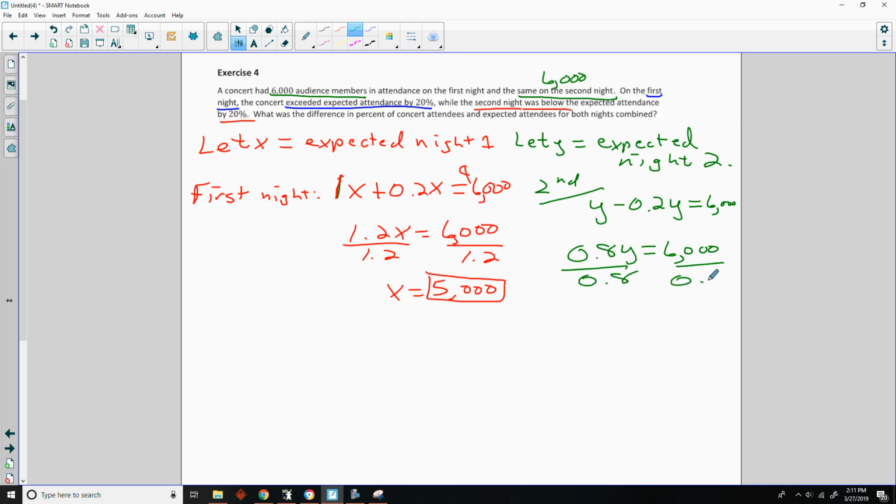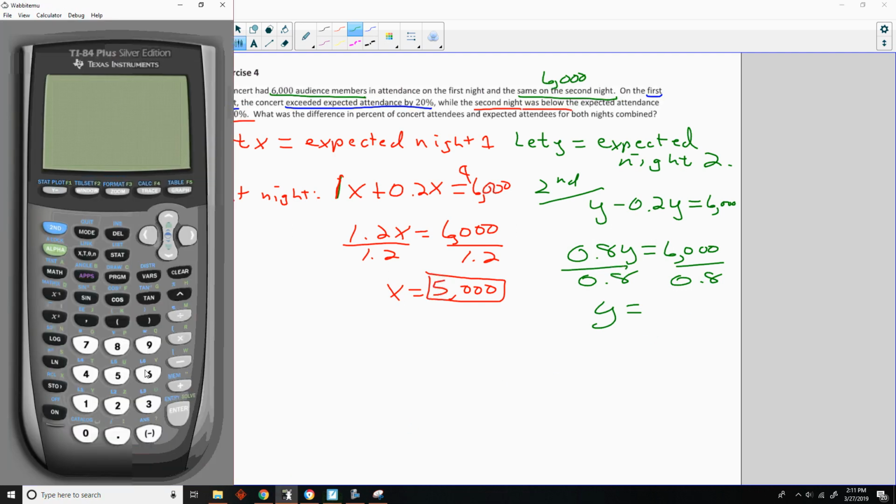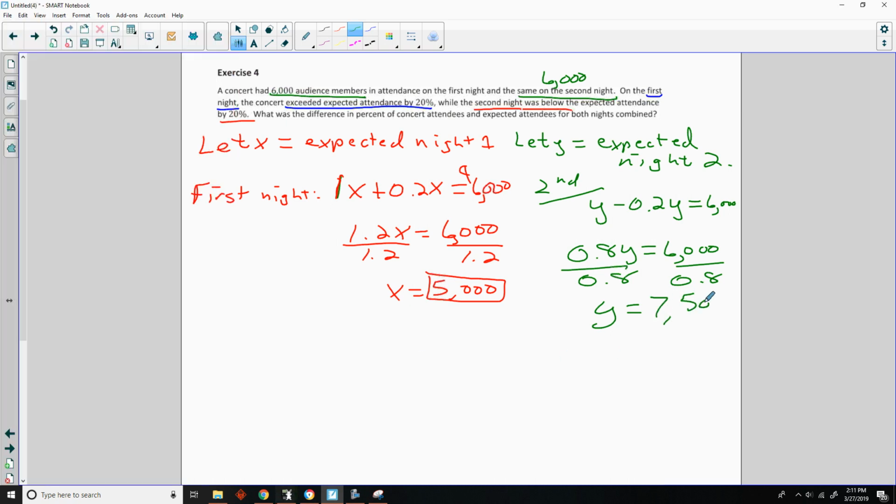Divide both sides by 0.8, and y equals 6,000 divided by 0.8, 7,500. So they expected 7,500 to attend the second night, but only 6,000 did. So they were over by 1,000 one night, and then under their expectations by 1,500 the second night.